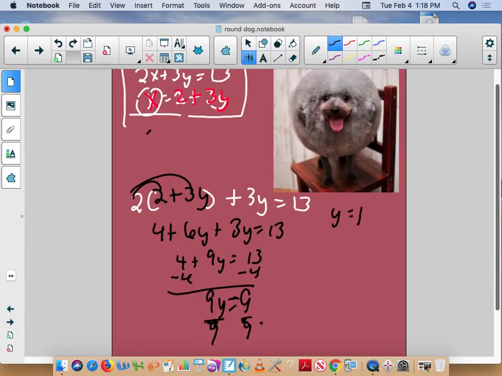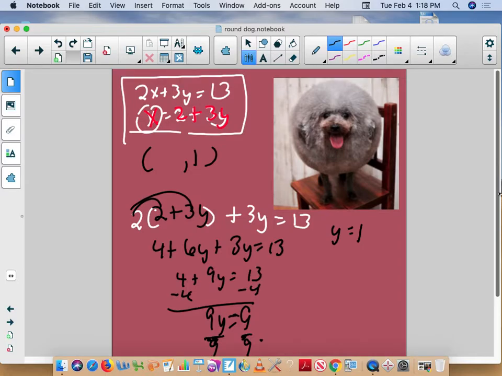Now I know y. Y is 1. How do I find x? Plug it in. Choose wisely. I can put y in right here, or I could put y into this one. Is the first one or the second one easiest to fill back into? Second one. If I fill it into the second one, it just says flat out, x is equal to 2 plus 3y.